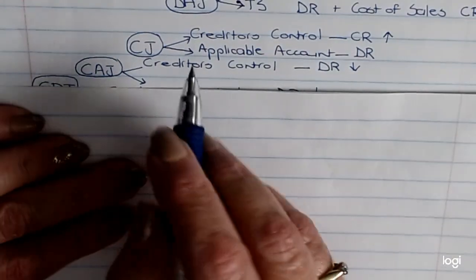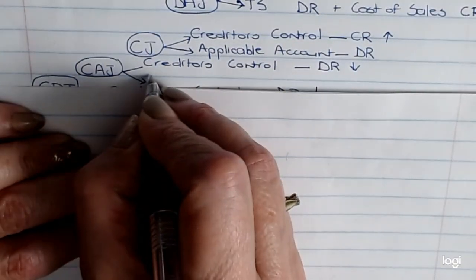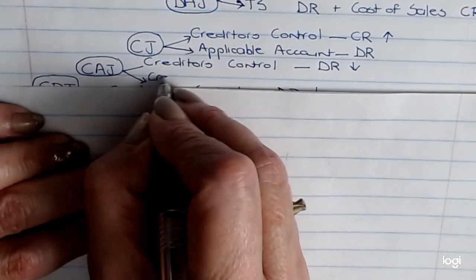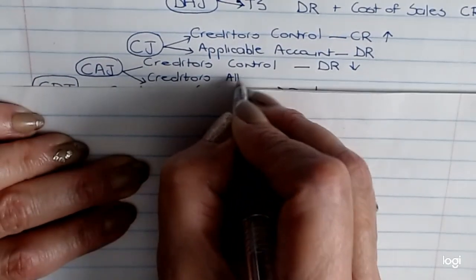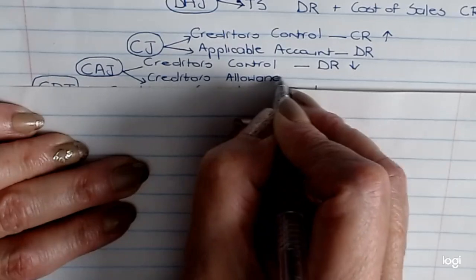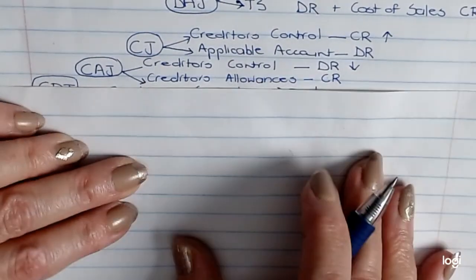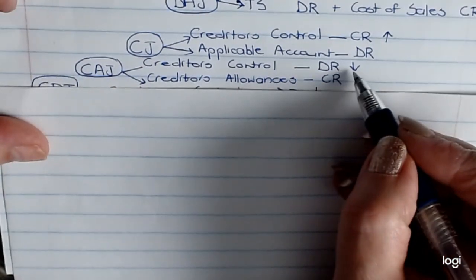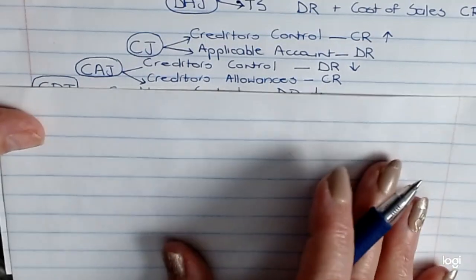In the CAJ, we would have had the main account as creditors control, and then creditors allowances, or whatever account was affected by it, and that would have been credited. Remember, CAJ would have decreased your creditors control.